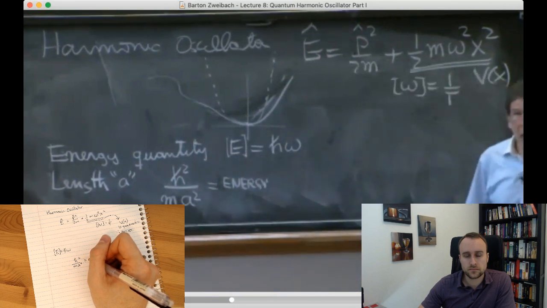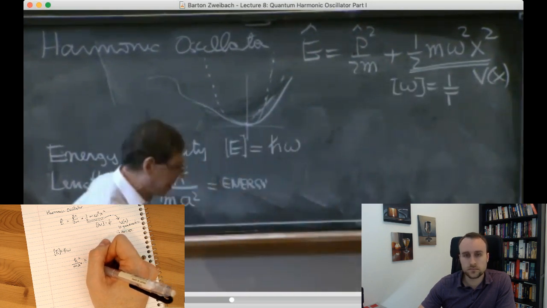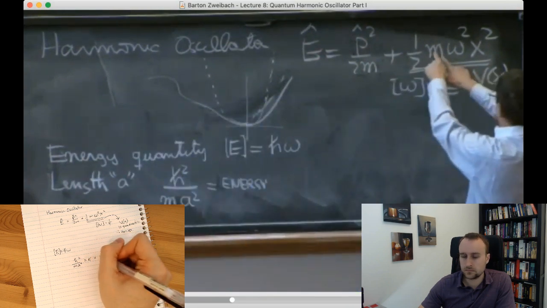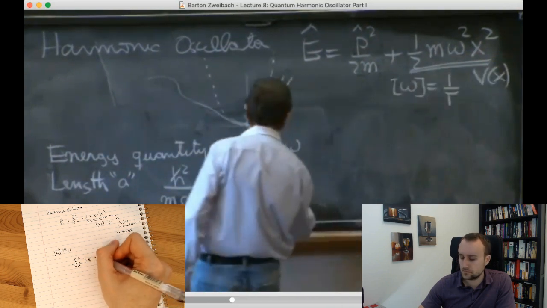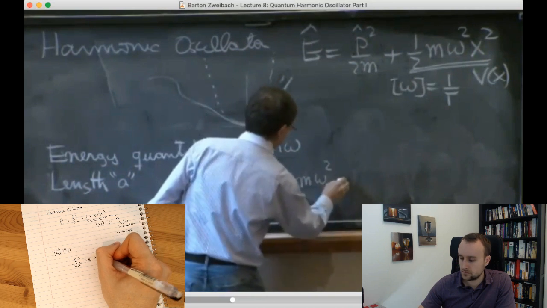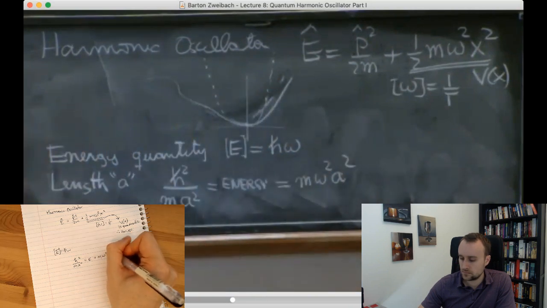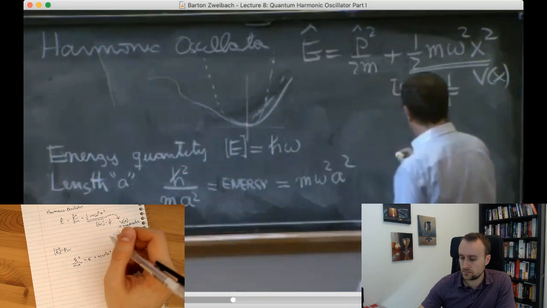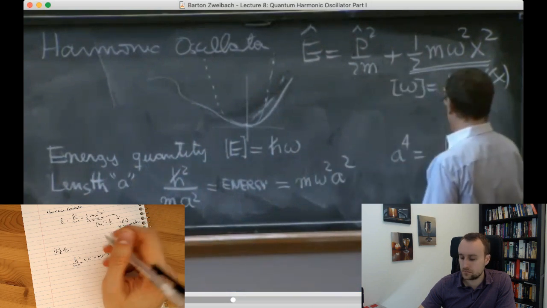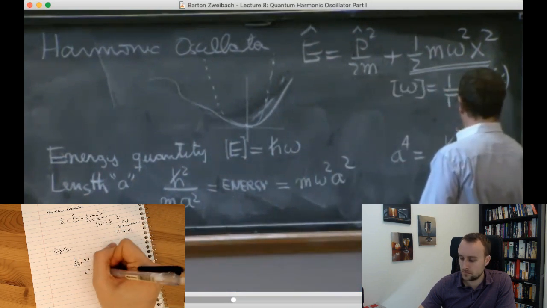So that's a length. On the other hand, we have another way to construct an energy: m omega squared length squared, so m omega squared a squared. That's another energy. So from this equation, I find that a to the fourth is h bar squared over m squared omega squared.